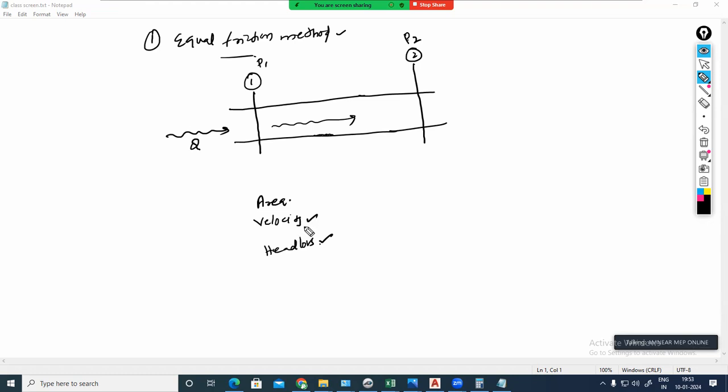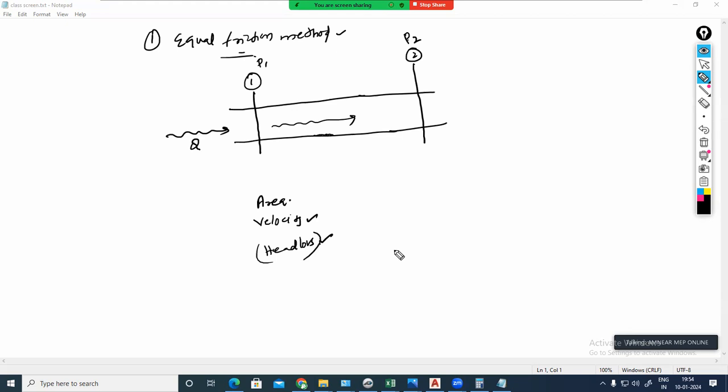In velocity reduction method, instead of head loss, velocity we will be assuming, then we will be finding the duct dimension. That's the difference. Then first we can discuss equal friction method. As I told, head loss due to friction, we have to select, and accordingly we can find the duct dimension.